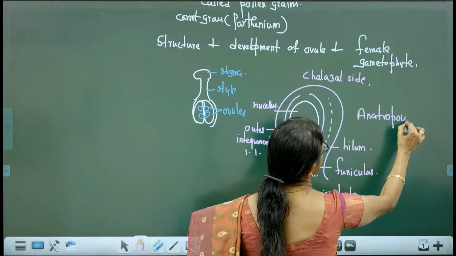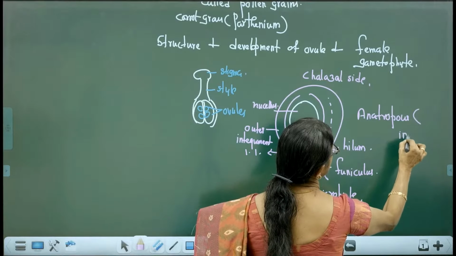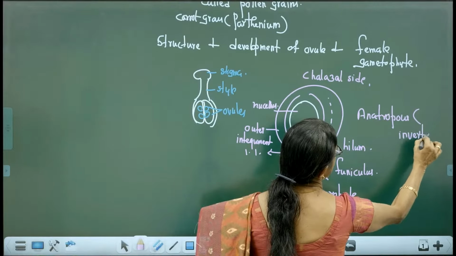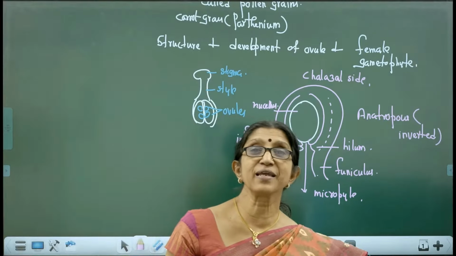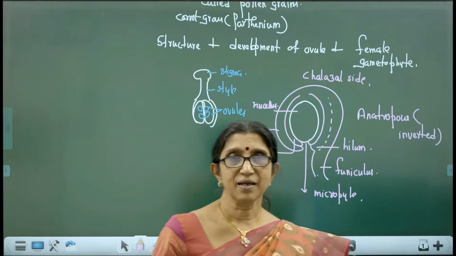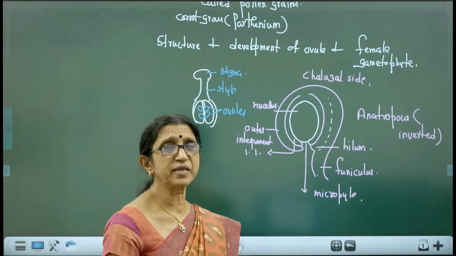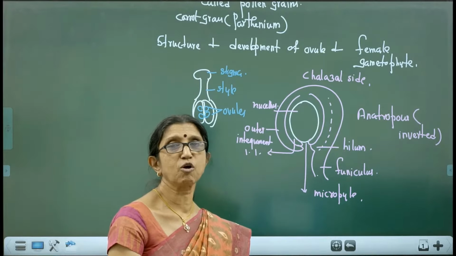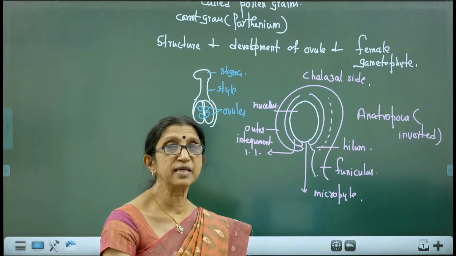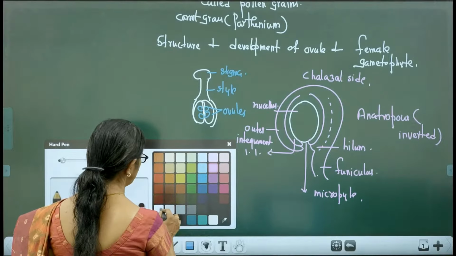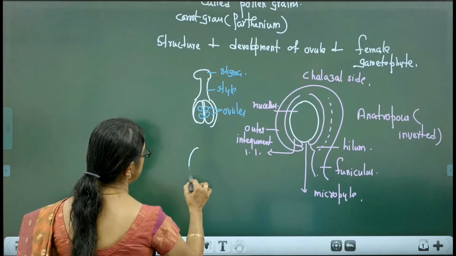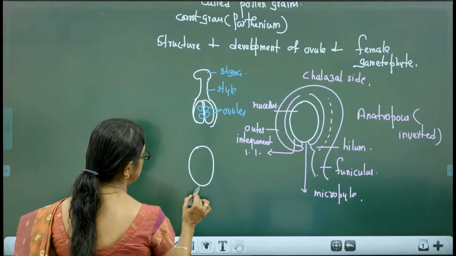or inverted. And see, this is the most common type of ovule in angiosperms. Several types of ovules we can see, of which the most common one is the inverted one, that is anatropous. And another one is the erect one, like this.